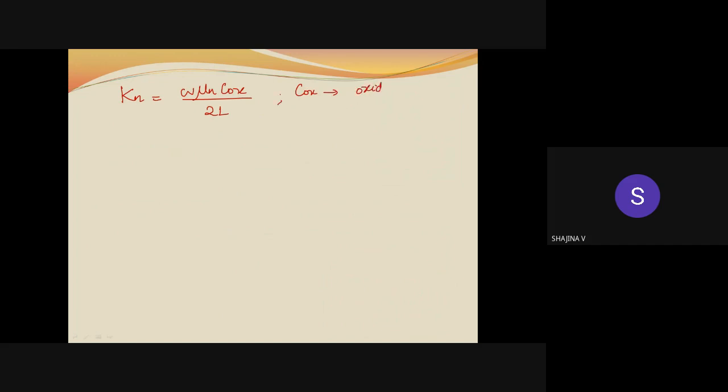oxide layer capacitance, that is the capacitance of the oxide layer, and this is equal to epsilon OX divided by TOX, where epsilon OX is the permittivity of the oxide layer and TOX is the thickness. And W and L are the width and length of the channel, that is, the size of the transistor.